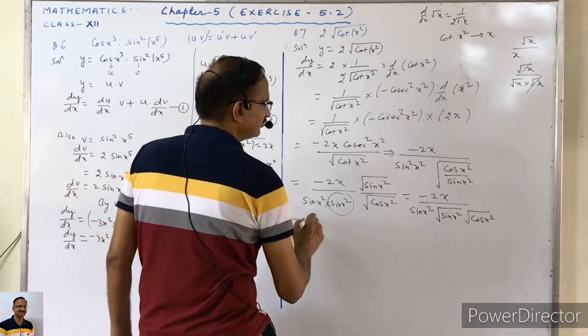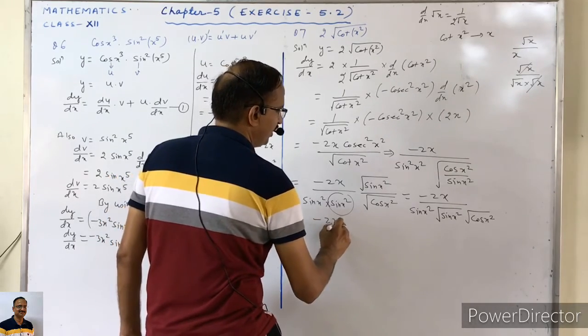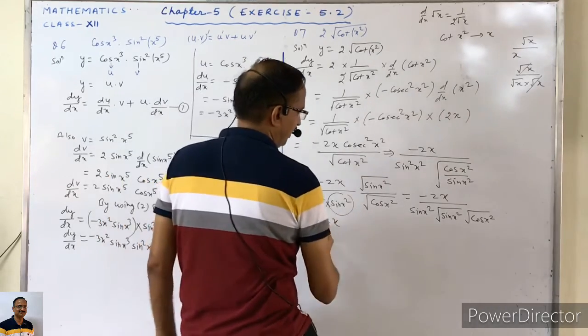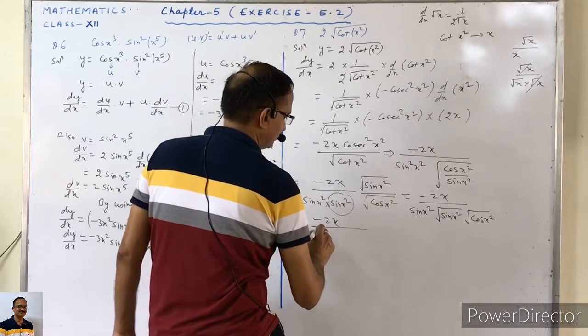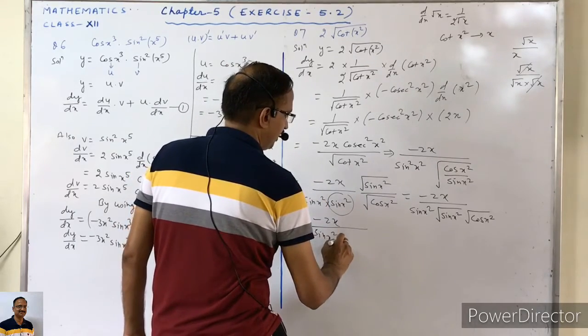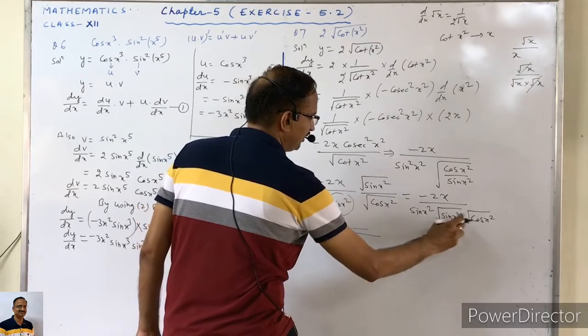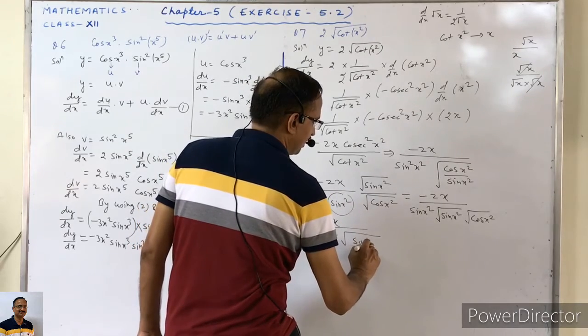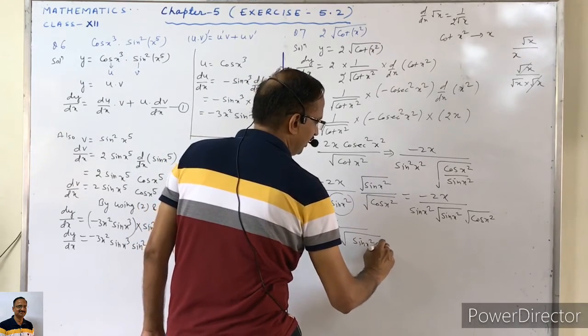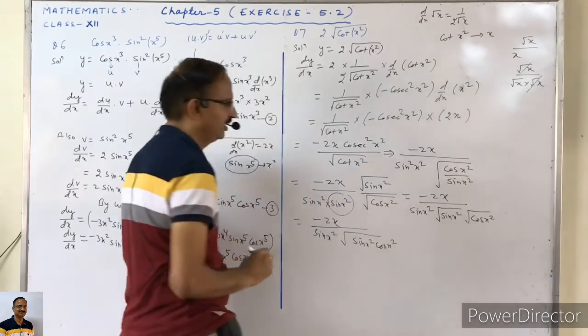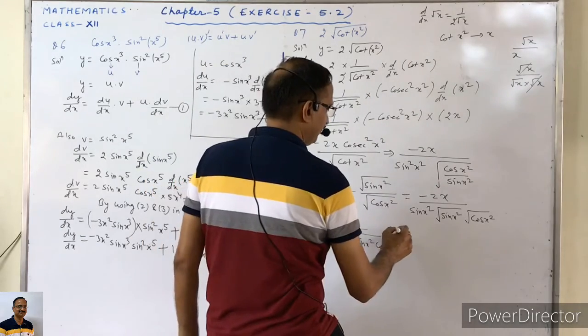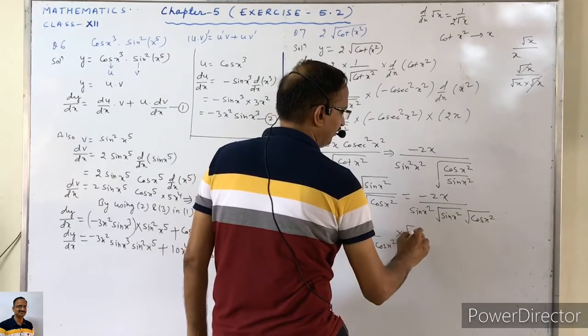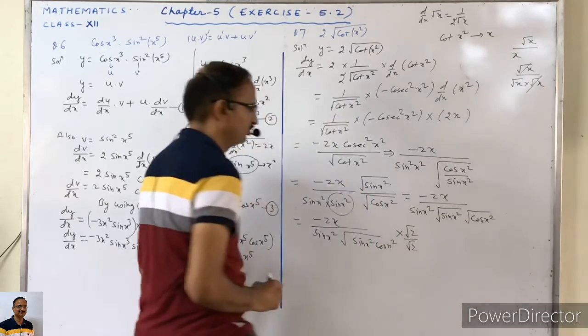Now this is minus 2x, and this is sine x square, and when we multiply these two, this is sine x square and cos x square. Now further we can multiply and divide this by root 2.